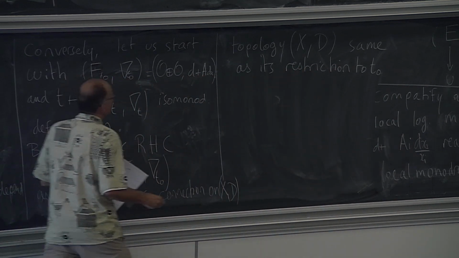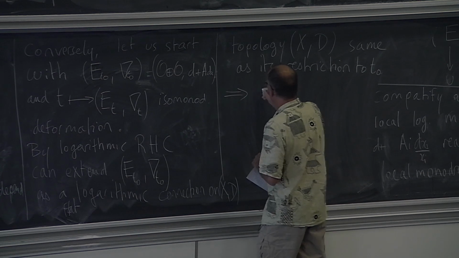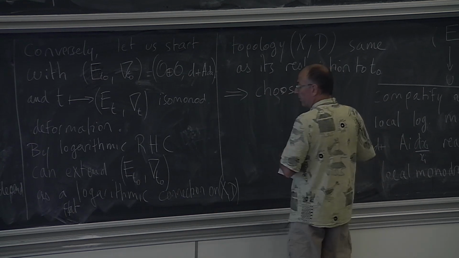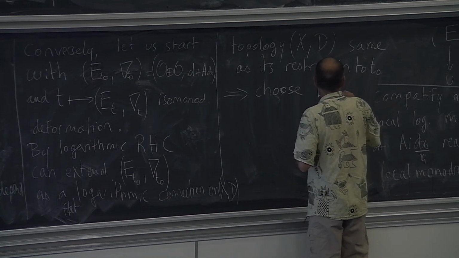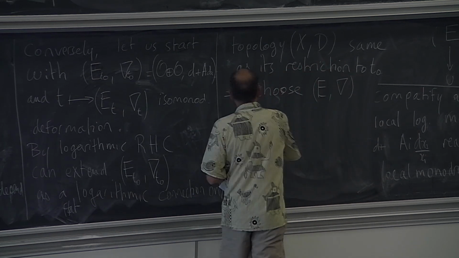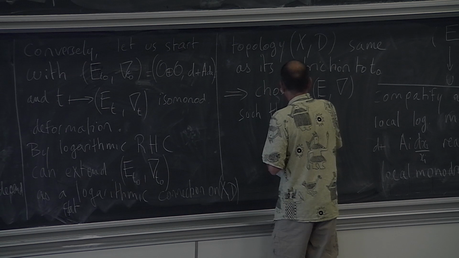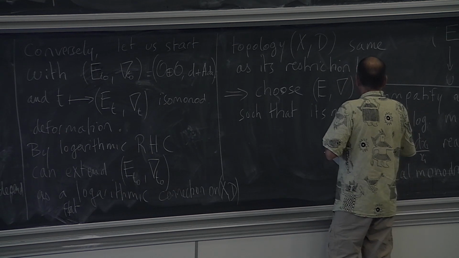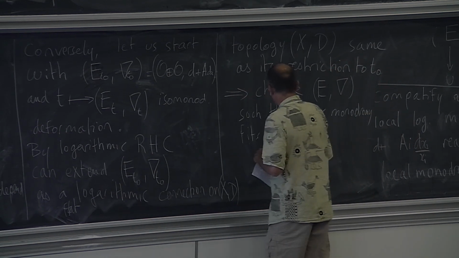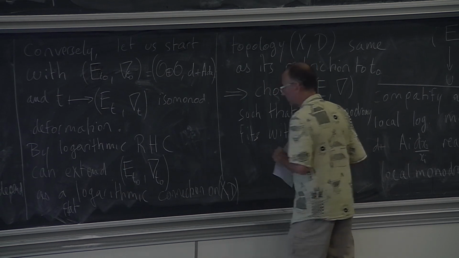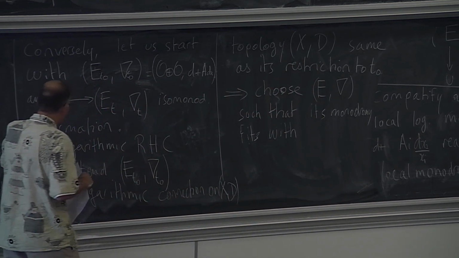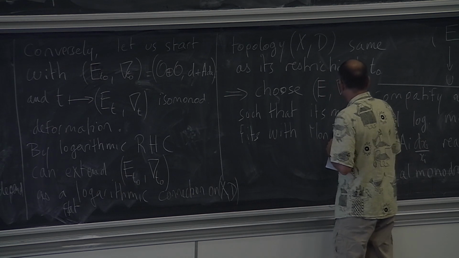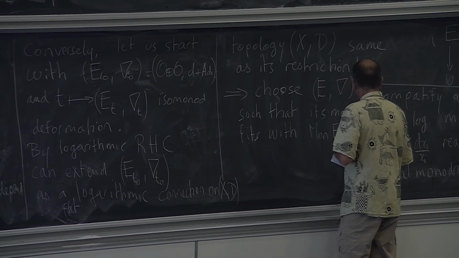So the monodromy shows, by the Riemann-Hilbert correspondence, you can define E nabla such that it fits with the monodromy of E_T0 nabla T0.